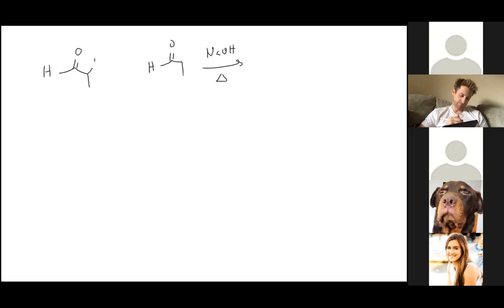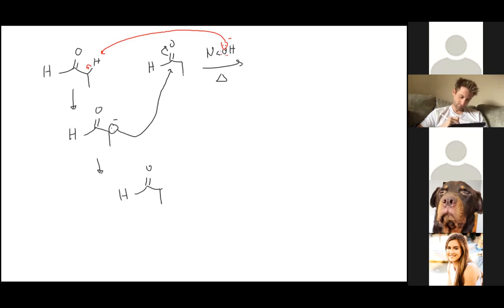So originally we'll pull off the proton, generate this negative charge, and pick up H plus from water.